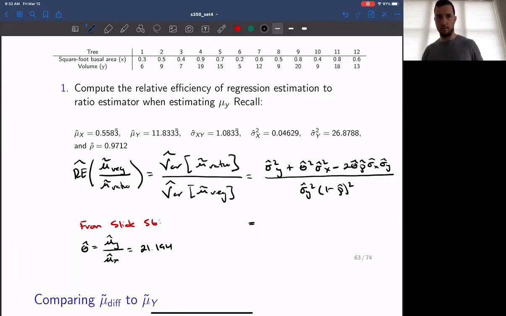Plus theta dot hat squared times sig2 dot x minus 2 times theta dot hat times rho times square root sig2 dot x times square root sig2 dot y divided by... definitely something wrong there.